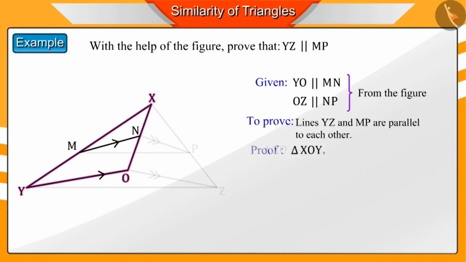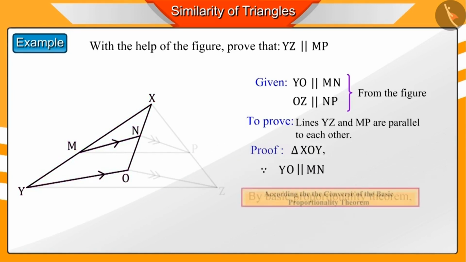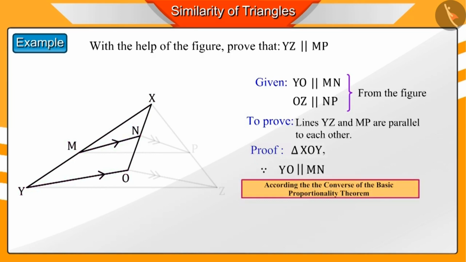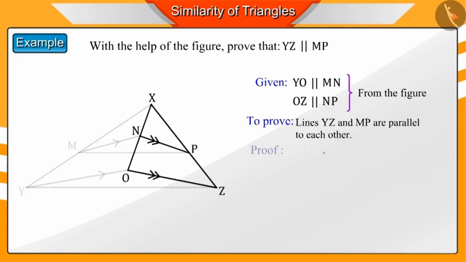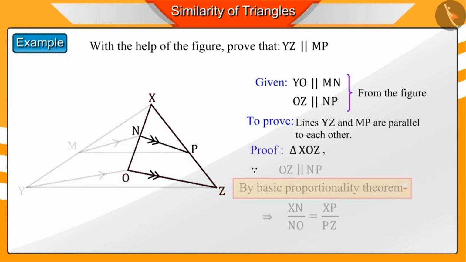If we observe the triangle XOY, we get to know that the line MN is parallel to the line YO. Hence, according to the basic proportionality theorem, XM by MY equals XN by NO, which is represented by equation 1. Similarly, we can derive equation 2 from the triangle XOZ.